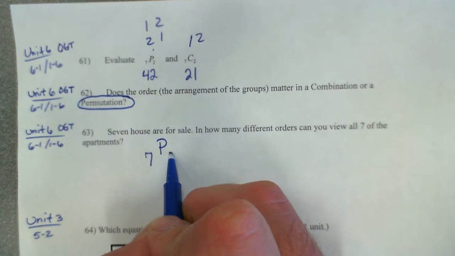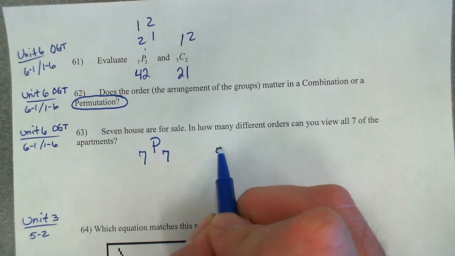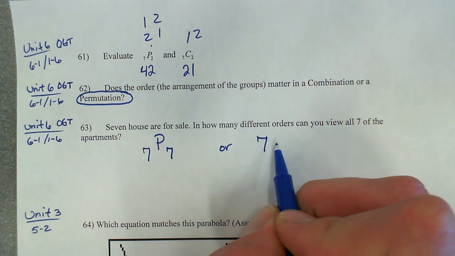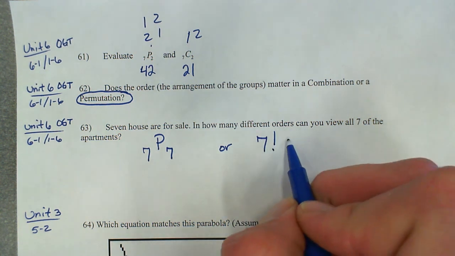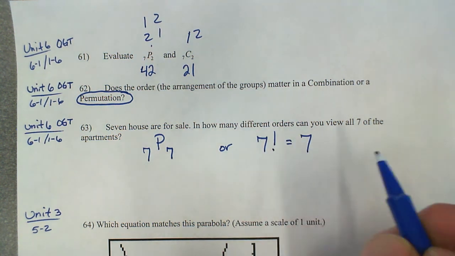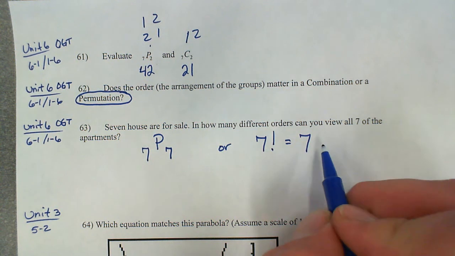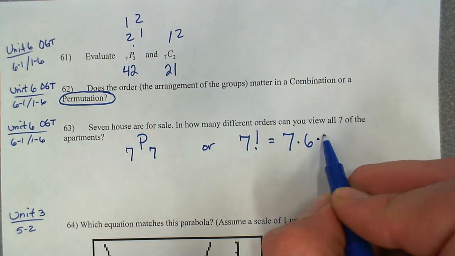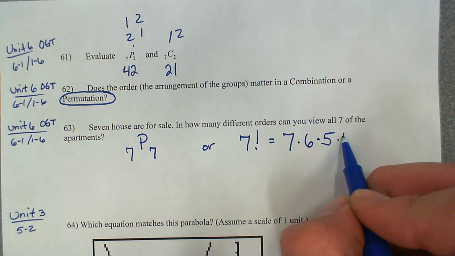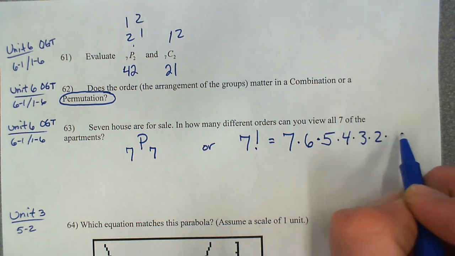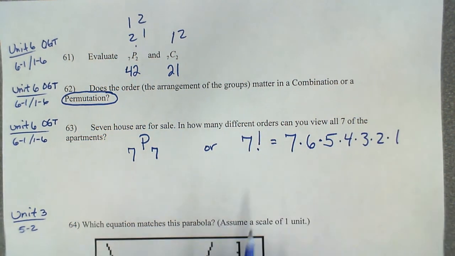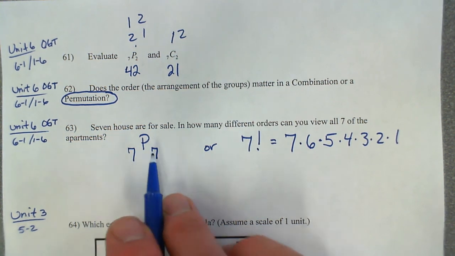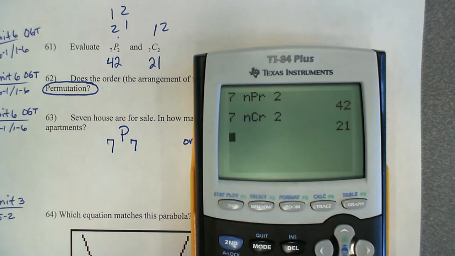So this would be 7 permutations of 7, or because the numbers are the same, this would just be 7 factorial, because we have 7 choices for our first house, but once you go to that house, you only have 6 houses left that you can see. After you see that house, you only have 5 choices you can see. Then 4, then 3, then 2, then 1.